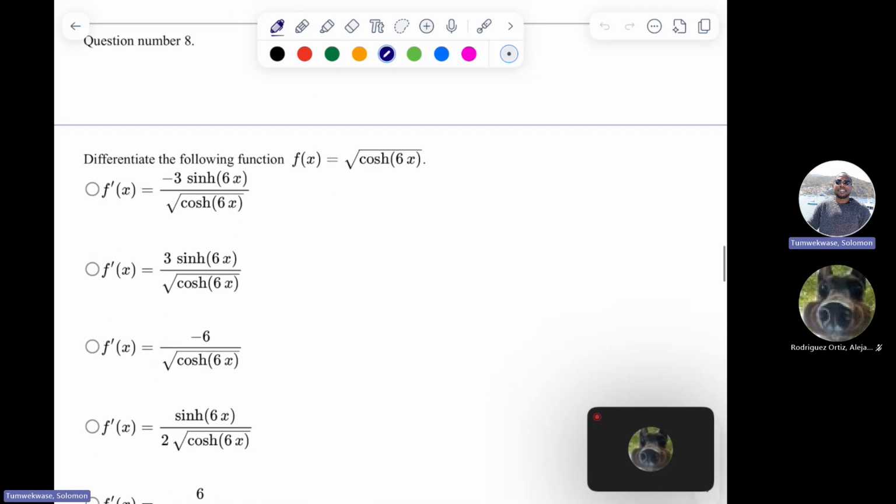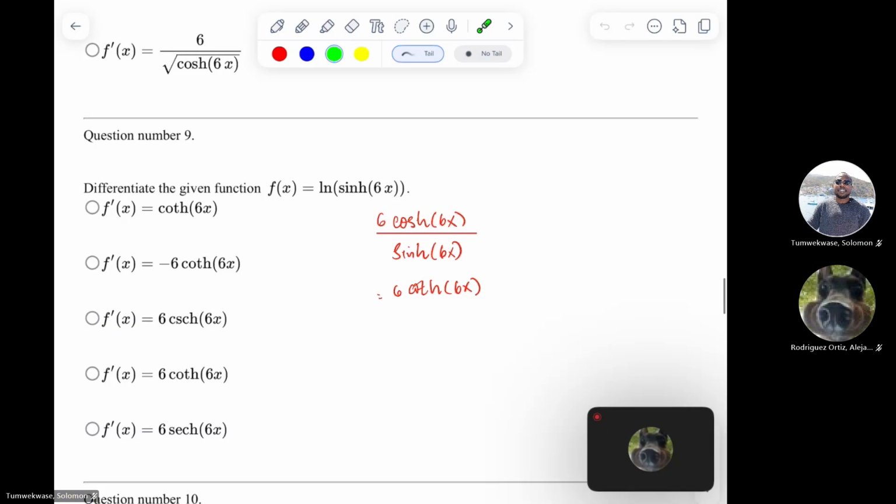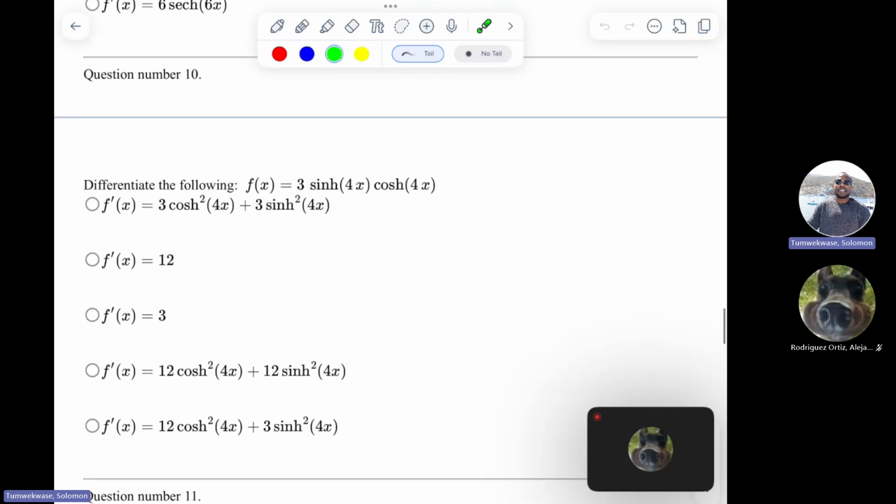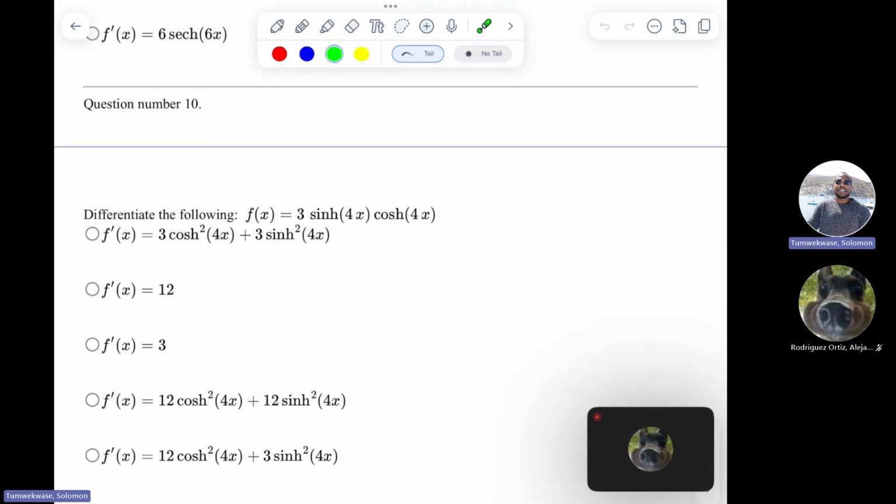So same thing here. You can take the derivative right away. Maybe we can do one for product rule.